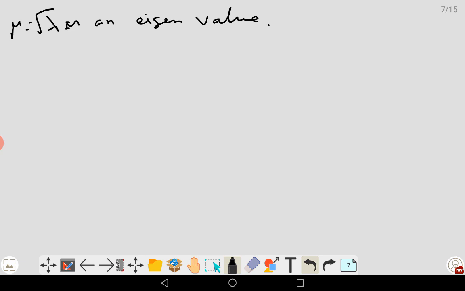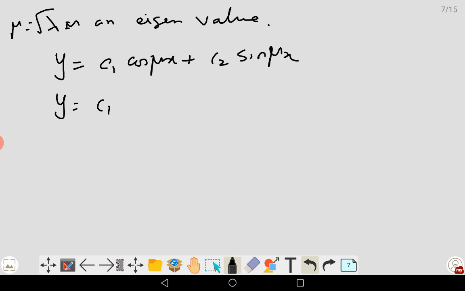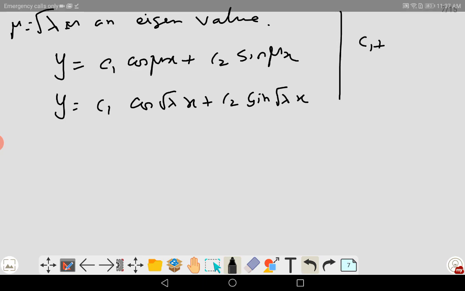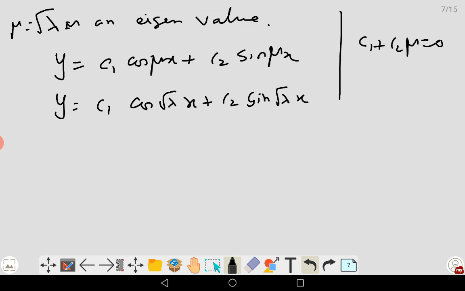So C1 and C2 cannot be 0 sometimes in this case. What is the y we found? y is C1 cosine mu x plus C2 sin mu x, the solution of the differential equation for this case, and we can take mu equal to root lambda. So y is equal to C1 cosine root lambda x plus C2 sin root lambda x, and we have a boundary condition C1 plus C2 mu is equal to 0.